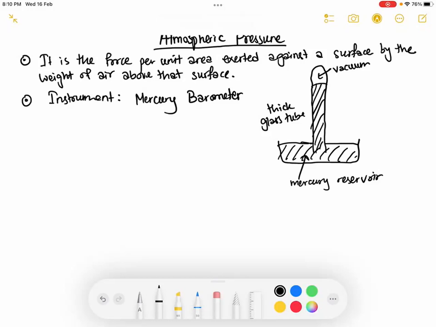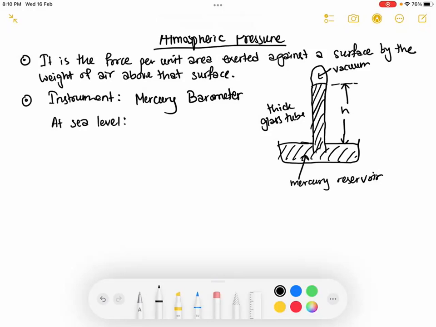Yeah, so that's it. So we have this height h above this. That's what a mercury barometer looks like. Now, at sea level, typically the height h is 760 millimeters. That is usually the number that we memorize.